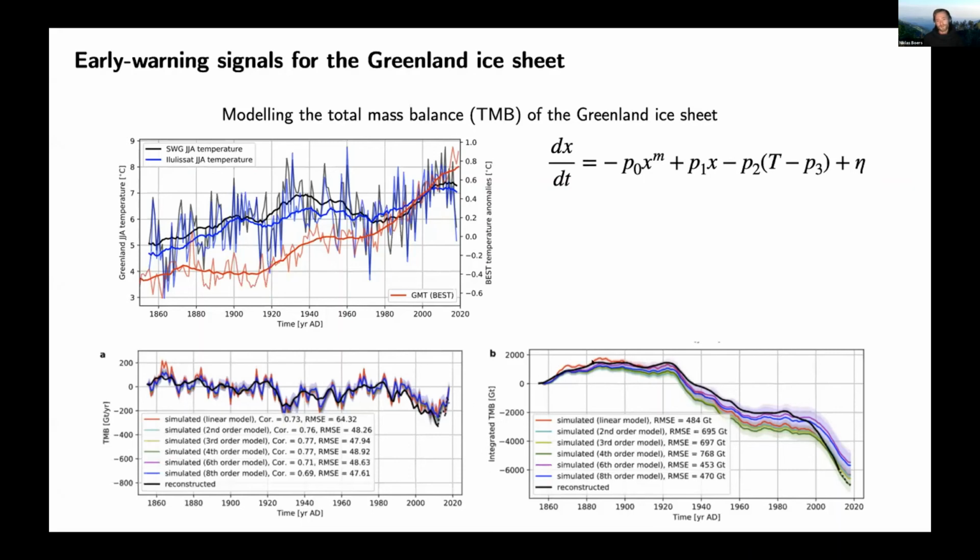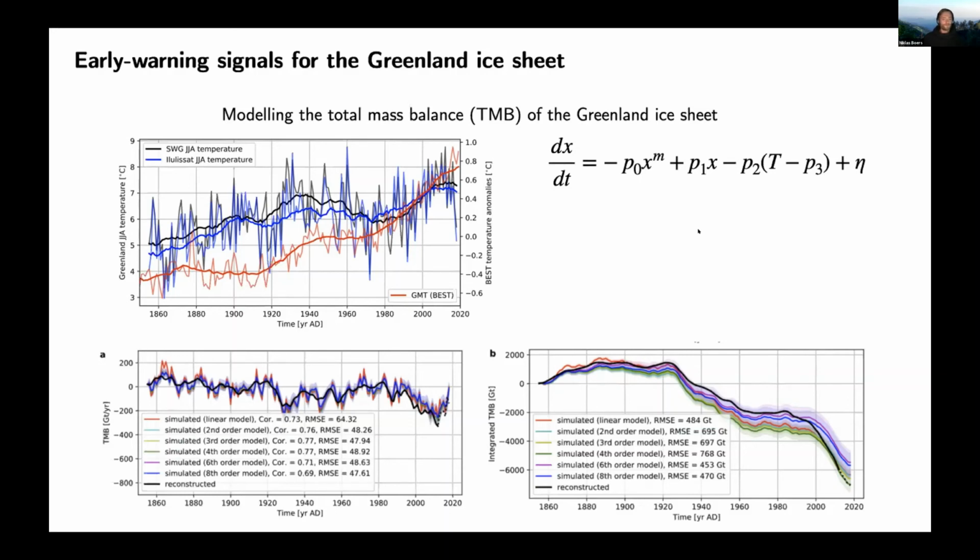So you see that it increased well into the 20th century, then stalled for some time, and since 1930, a bit earlier, decreased. And all the different colors are different simulations of our model using different orders for the exponent M, as noted in the caption.